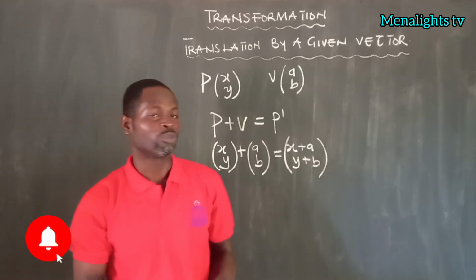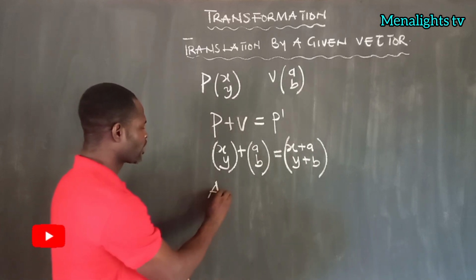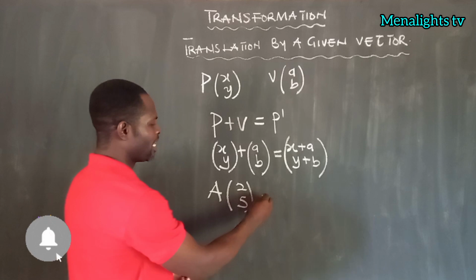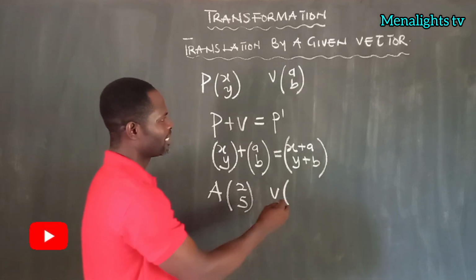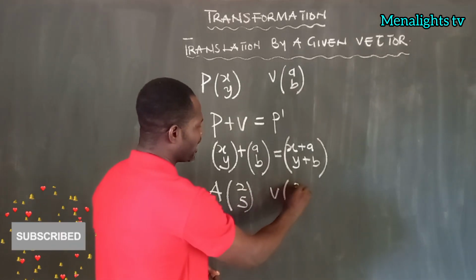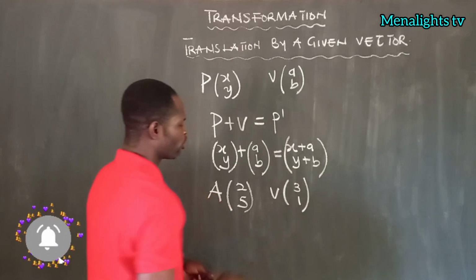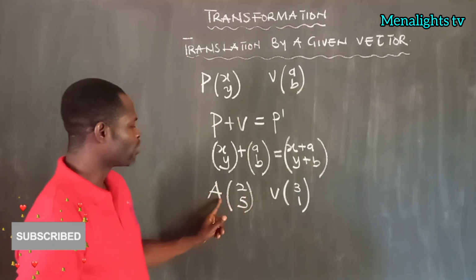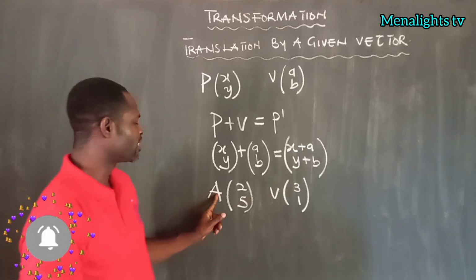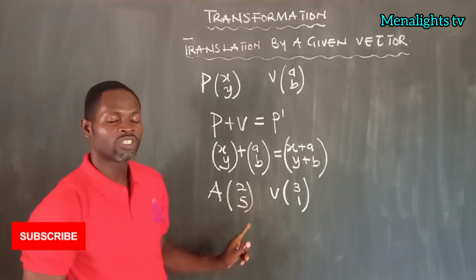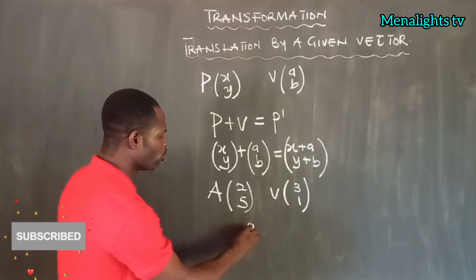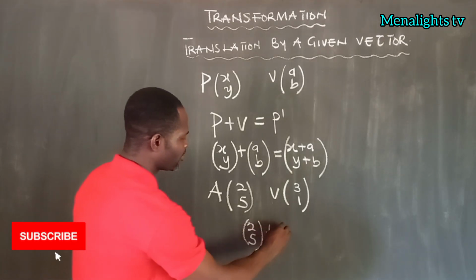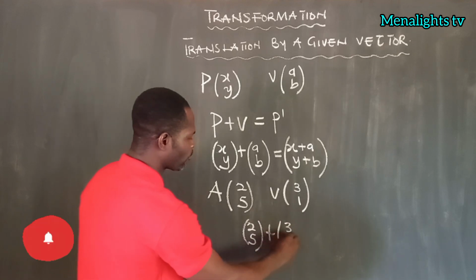Now let's look at an example. We have A, which is (2, 5), and the vector coordinates are (3, 1). For us to get the point image A, we need to add this vector coordinate to the point A, which is (2, 5). So it becomes (2, 5) plus the vector (3, 1).